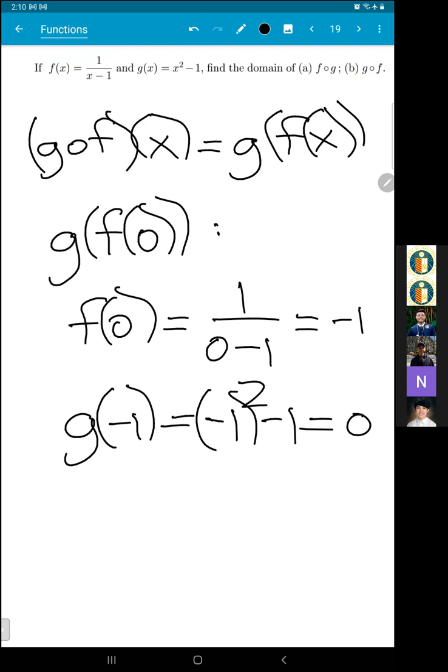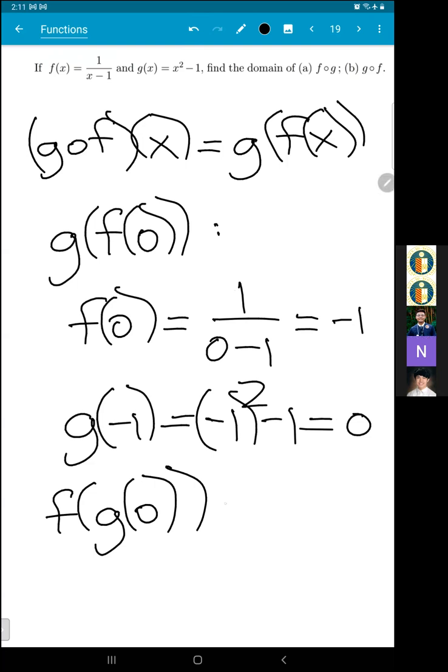Now, if we evaluate f of g of 0, we won't necessarily get the same value, as we shall see. For this one, you evaluate g of 0 first. That would be 0 squared minus 1, which is negative 1.